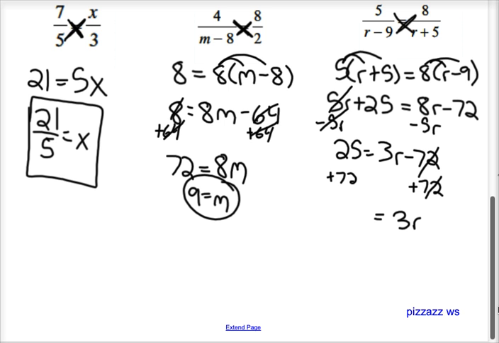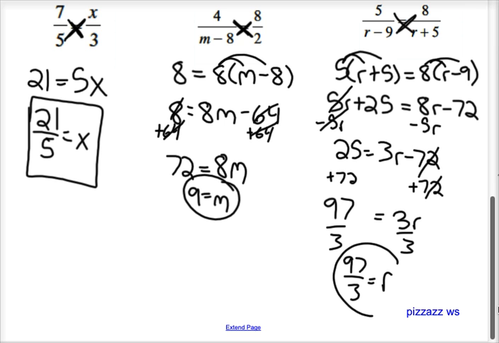So I get 3r equals 97. Divide both sides by 3, so you get r equals 79/3. Okay, so again, when it comes to linear proportions, this is how you solve them.